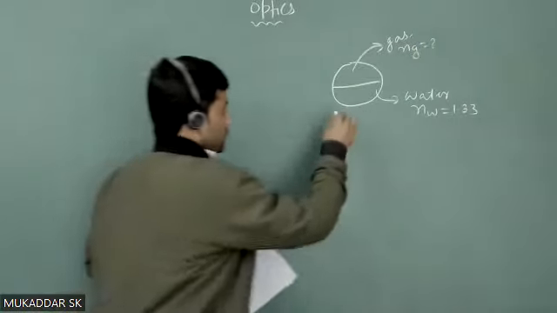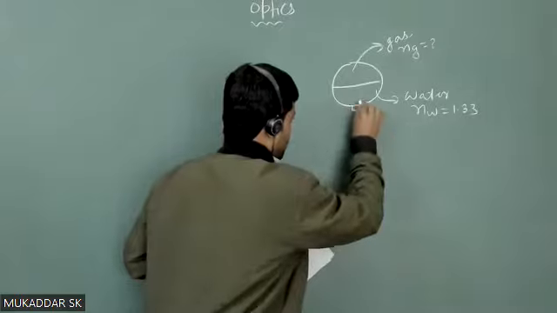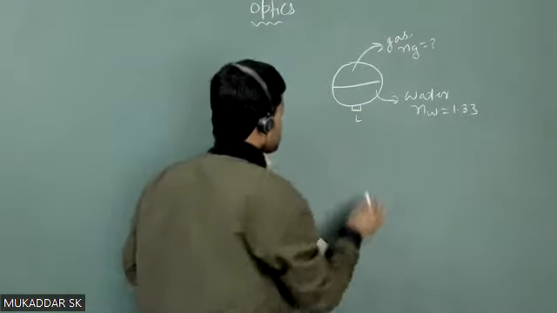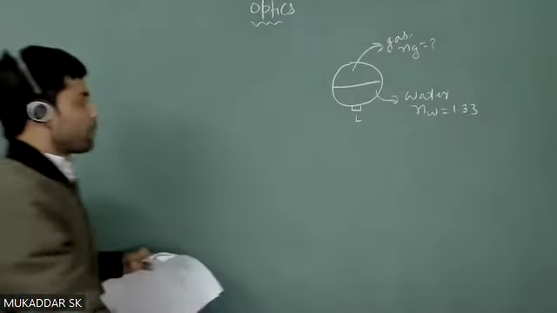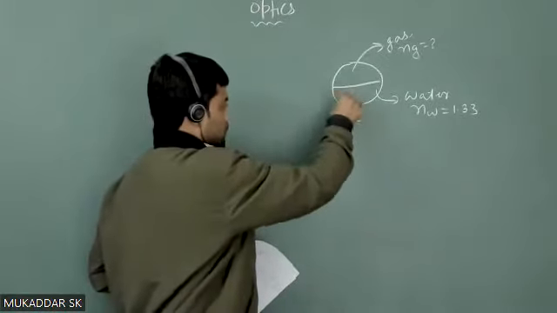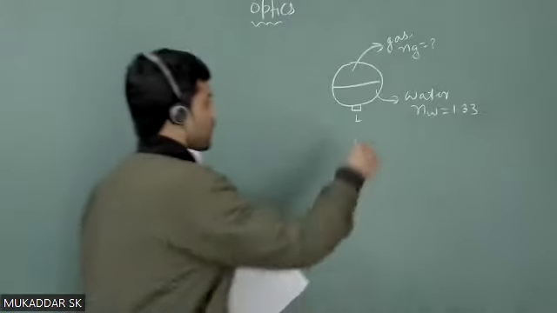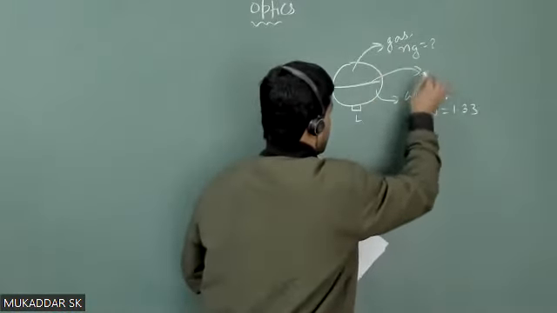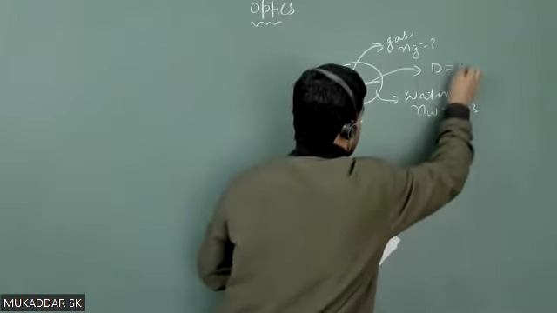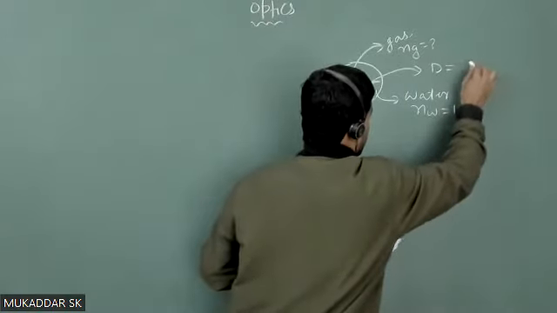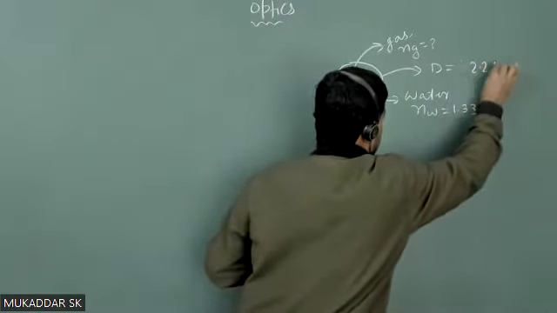There is a laser source at the lowest point of the cylinder. And this source can move on the surface of this cylinder. Also, the diameter of this cylinder was given, right? D was how much? 2.2 meter, right?